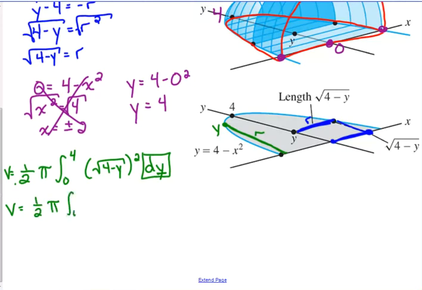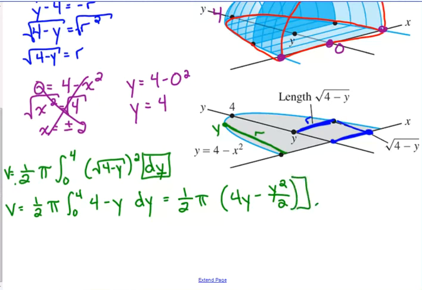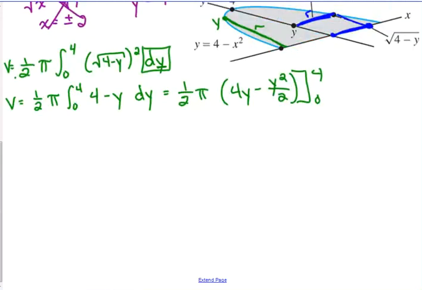We're squaring a square root. Guess what? It cancels. That's nice, right? Makes things easier. So let's integrate now. So 4y minus y squared over 2, and that's from 0 to 4. So now we can plug in our limits. Plug in 4 times 4 minus 4 squared over 2.